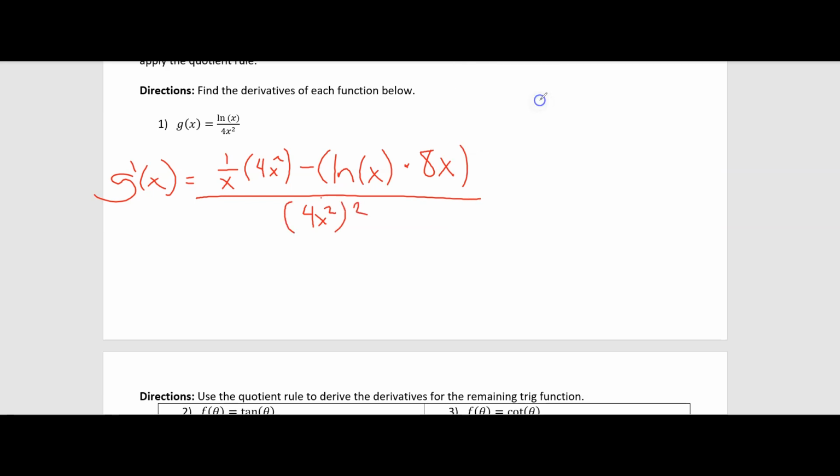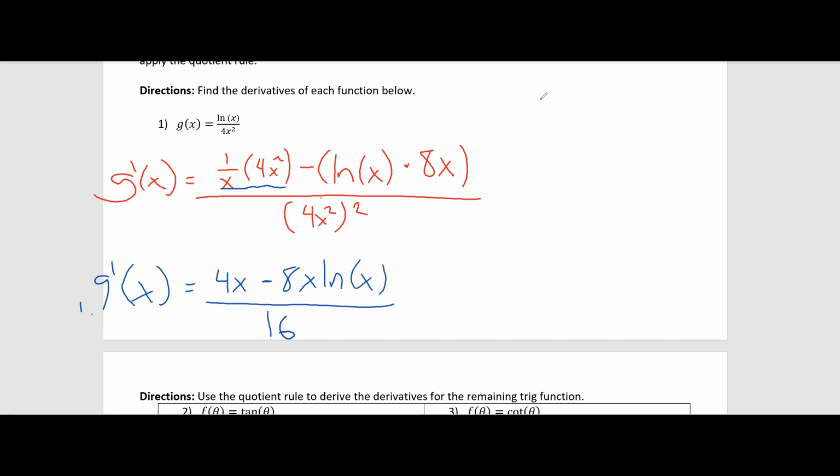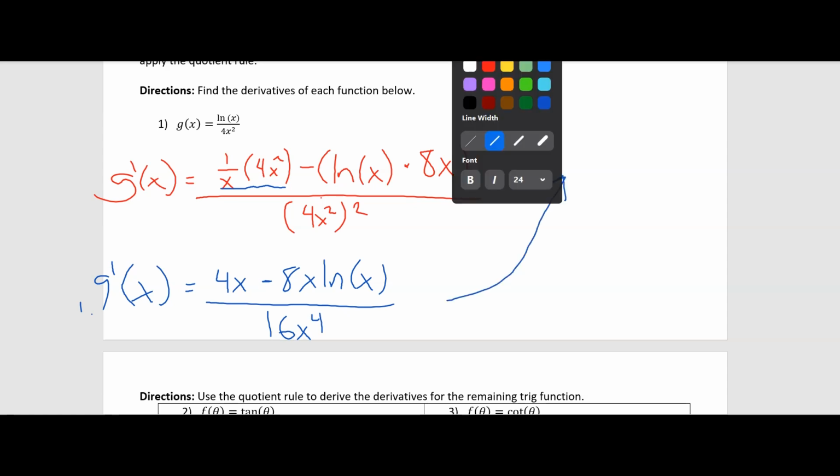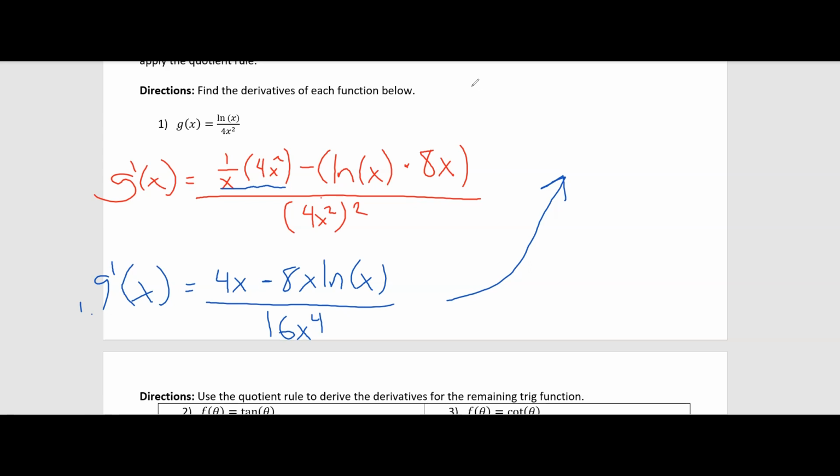And of course, with the quotient rule, you usually have some simplifying to do. So g prime of x is equal to, if I simplify this right here, 4x minus 8x times the natural log of x all over 16x to the fourth. Now, the common factor between the numerator and the denominator is 4x. So I'm going to factor that out.